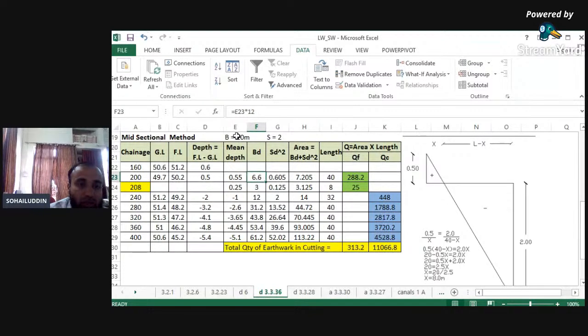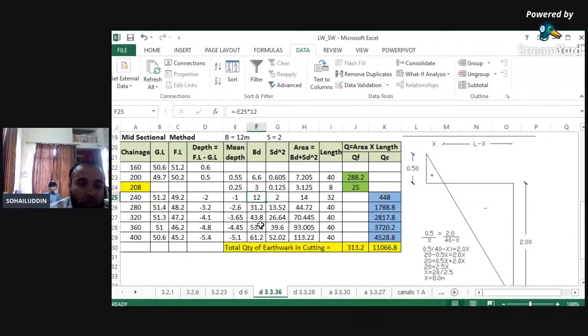Sorry, it is a width of 12 meters, because we have multiplied with 12. Instead of 10, it is 12 meters. So B into D is 12 meters width multiplied by depth 0.55, so it is nothing but 6.6.